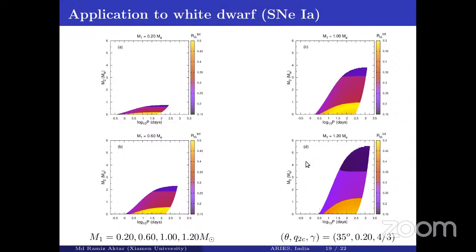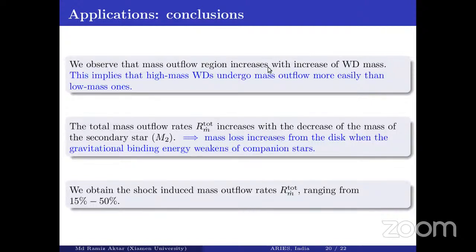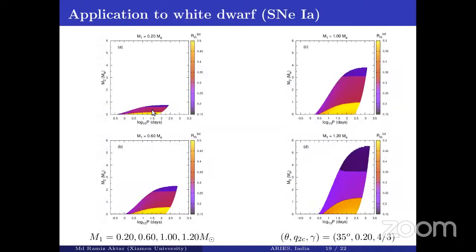So what conclusions can we draw from here? The mass outflow region increases with the white dwarf mass, as I already mentioned. That means high mass white dwarfs undergo mass outflow more easily than low mass ones. We can also see that in all the cases the maximum outflow rate happens when the secondary mass is low, which means the tidal force is low.